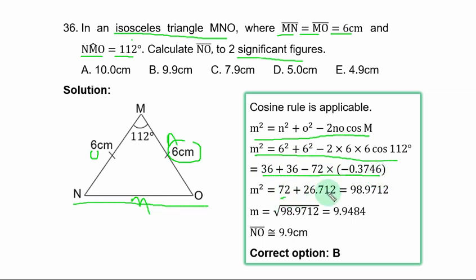Simplify further, you have this. To get m, which is NO, take the square root of 98.9712, that is 9.9484. To 2 SF, you have 9.9 cm. The correct option is B.